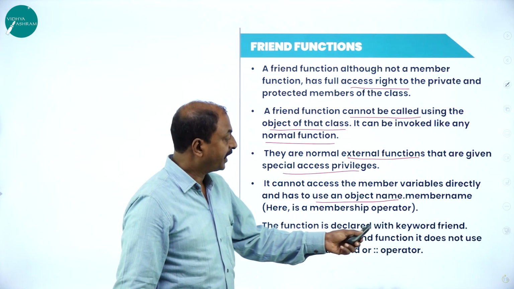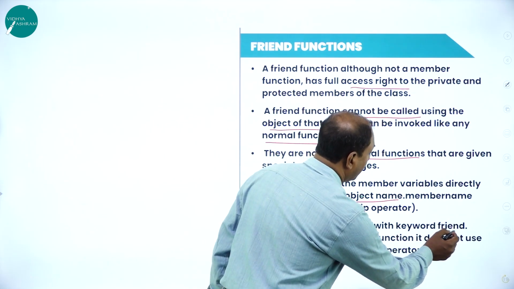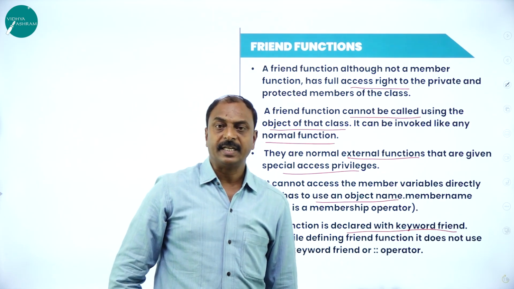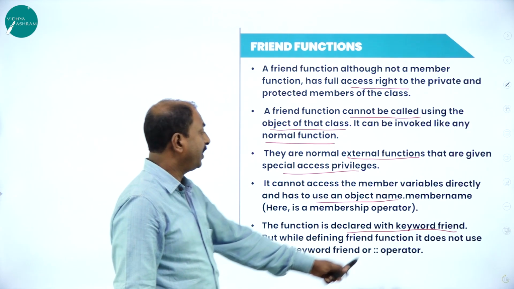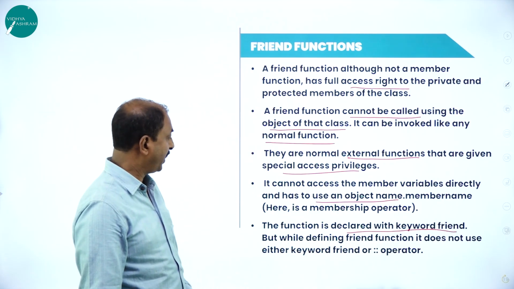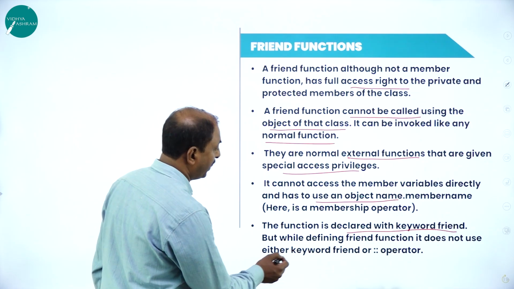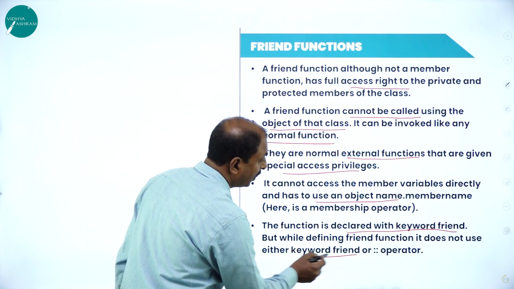The function is declared with the keyword friend. So here the function declaration will start with the keyword friend because it is a friend function. But while defining a friend function, it does not use the keyword friend or the scope resolution operator.